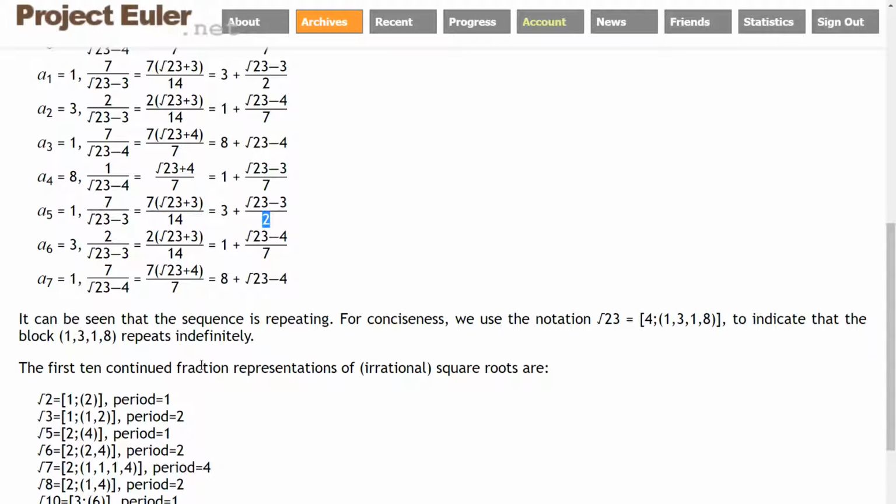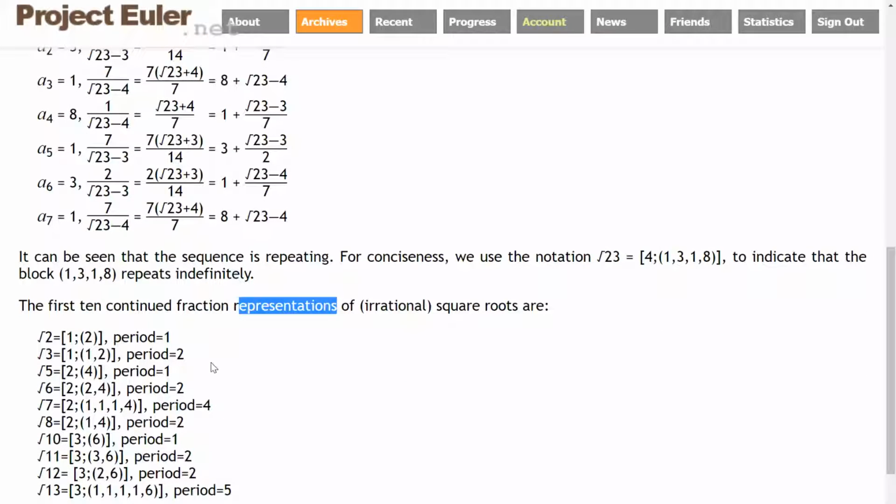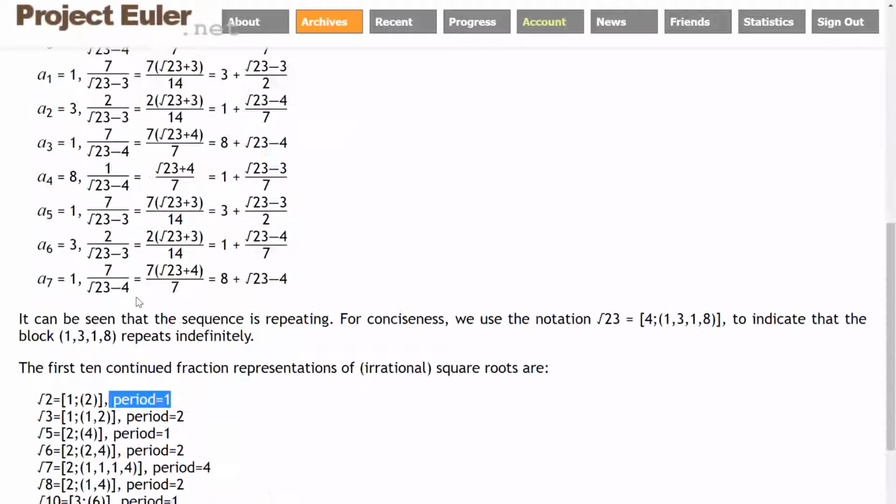The first 10 continued fraction representations. Continued fraction representations of irrational square roots are interesting. So what is he, 23?